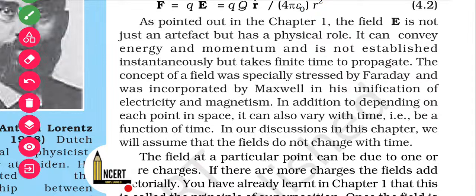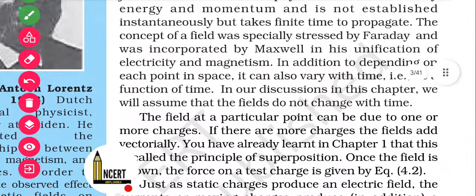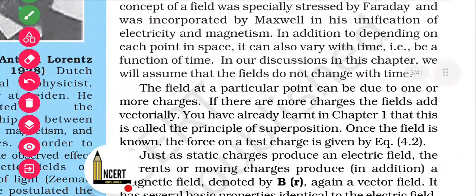The concept of field was specially stressed by Faraday and was incorporated by Maxwell in his unification of electricity and magnetism. In addition to depending on each point in space, it can also vary with time, be a function of time.